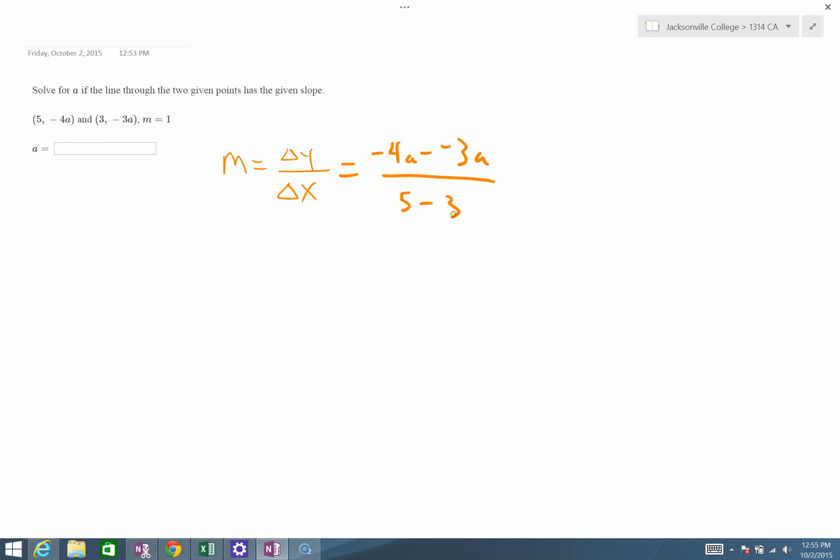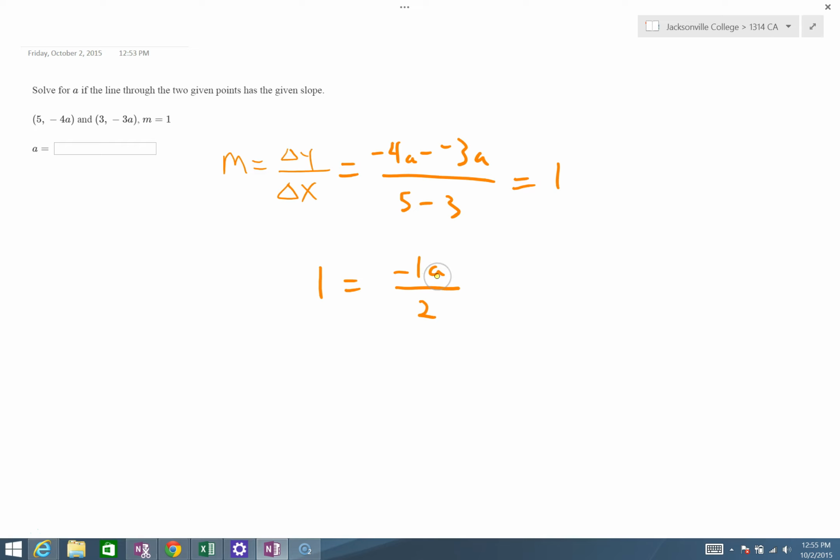All right, this time we know the slope. The slope is to be 1, so I can set this expression equal to 1. All right, doing some simplifying. Negative 4a minus negative 3a becomes plus, so in the numerator we have a negative 1a. 5 minus 3 is 2. We still have the 1 on this side, so I'm simply going to write it over here. Slope is 1, and we have this expression.